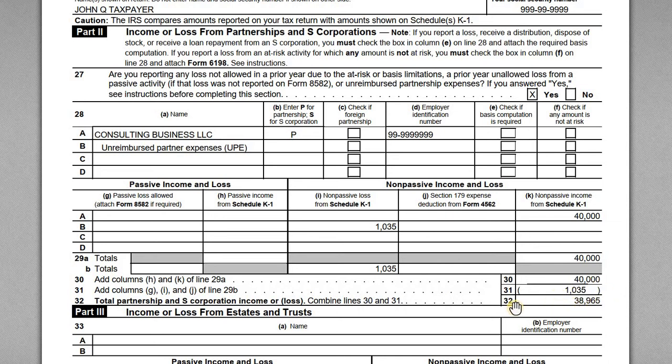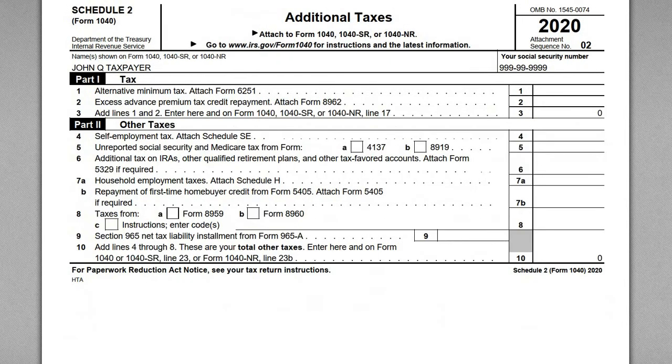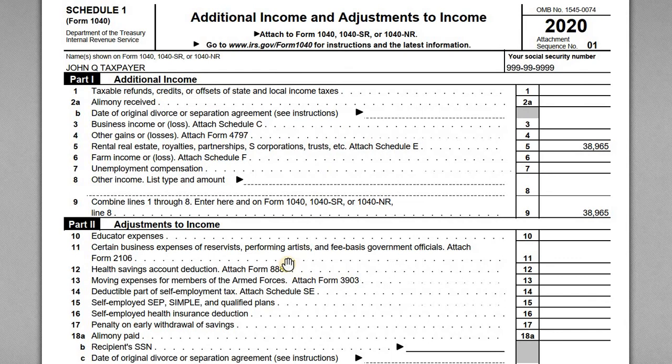So that's how he's getting the benefit of his deductions. So if we go back up to Schedule 1 here, we can see line 5, rental real estate, royalties, partnerships, S corporations. That's the net amount that is going to be subject to tax on John's return, right? Not the $40,000, right? He gets $40,000 minus the unreimbursed expenses.